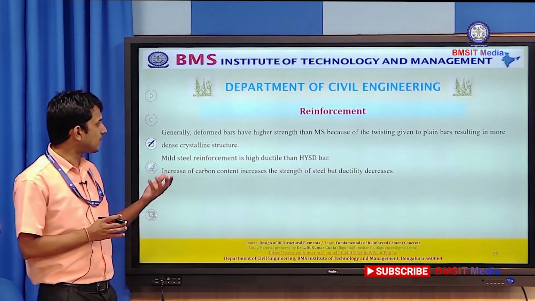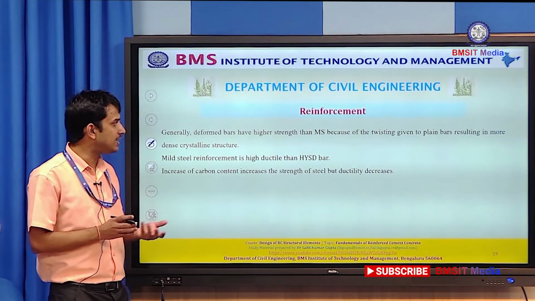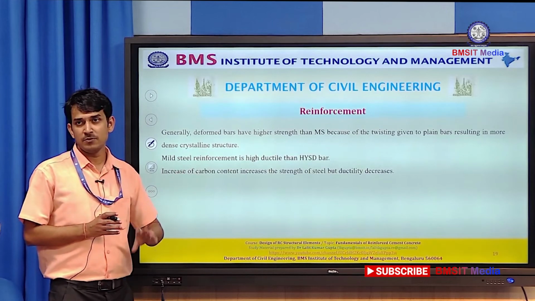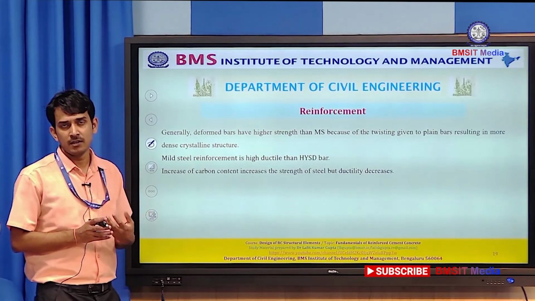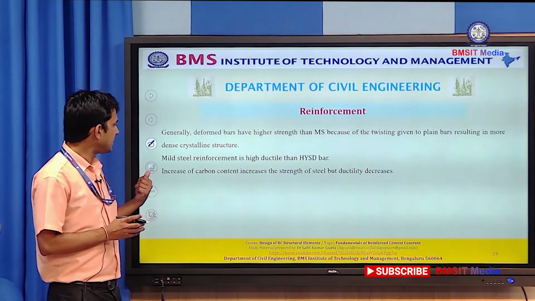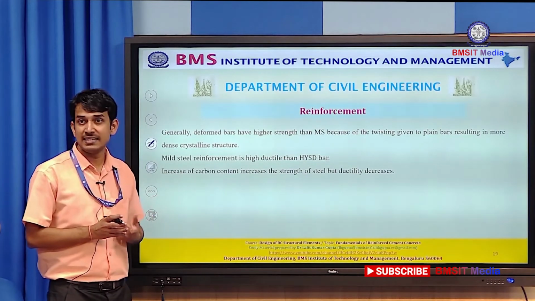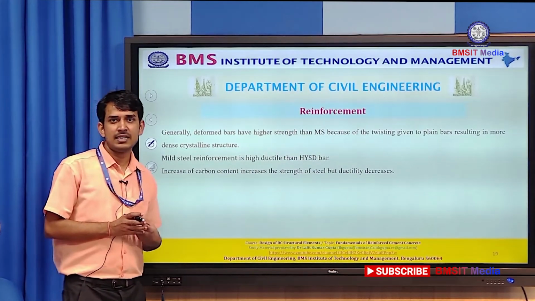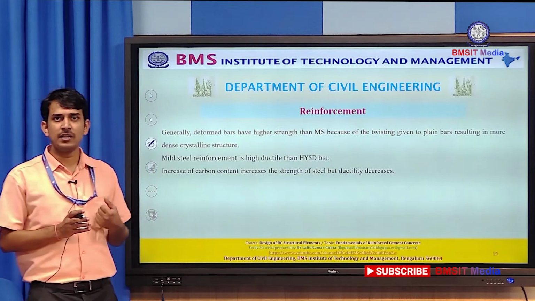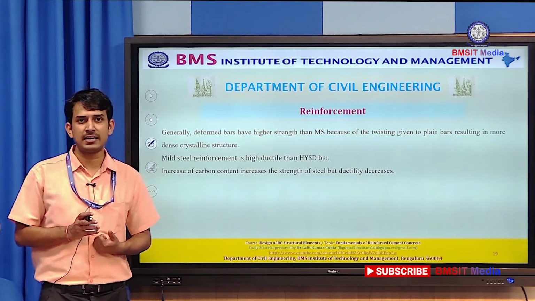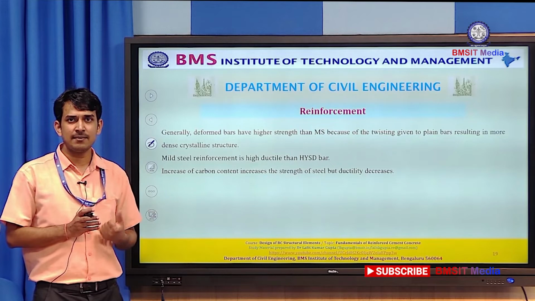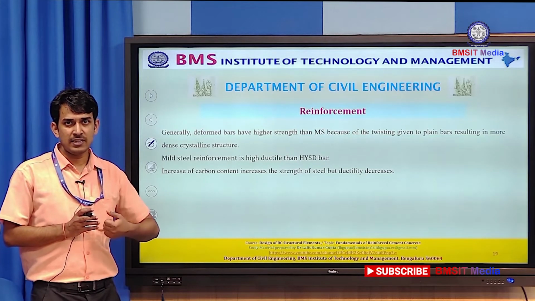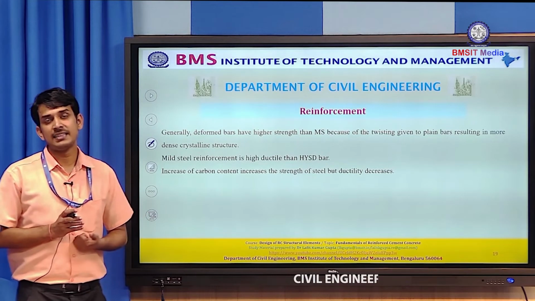So the deformed bar has higher strength than the mild steel because of the gripping with the concrete. And the mild steel reinforcement is highly ductile, because the ductility of the reinforcement depends only on the carbon content. Carbon content is less in the mild steel, so that is why it is more ductile than the HYSD bar.